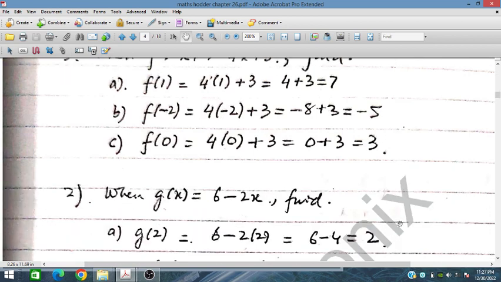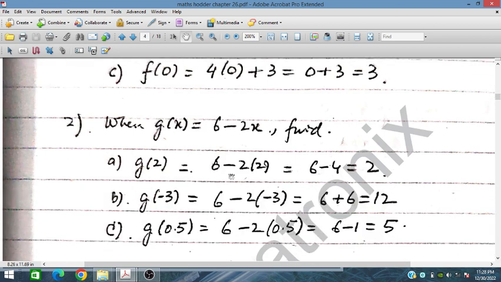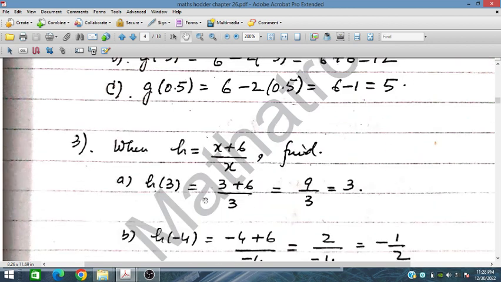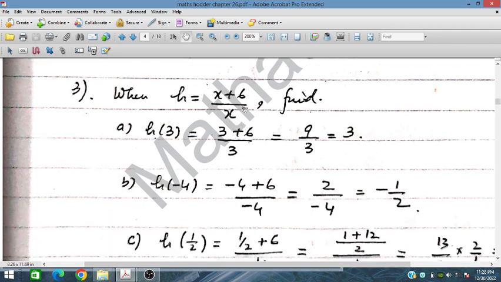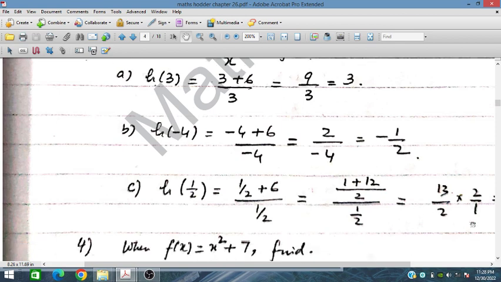When g(x) is equal to this, find g(2), and we place 2 here, and for minus 3 and 0.5 we get these values. When h(x) is equal to (x + 6)/6, find h(3). In place of x we will write 3, and this gives 3. In place of x we will write minus 4, and then we will get minus half. In place of x we will place half, and we will get this value.